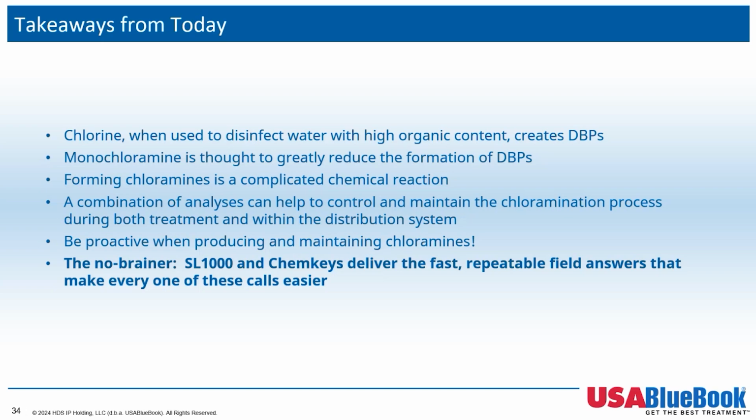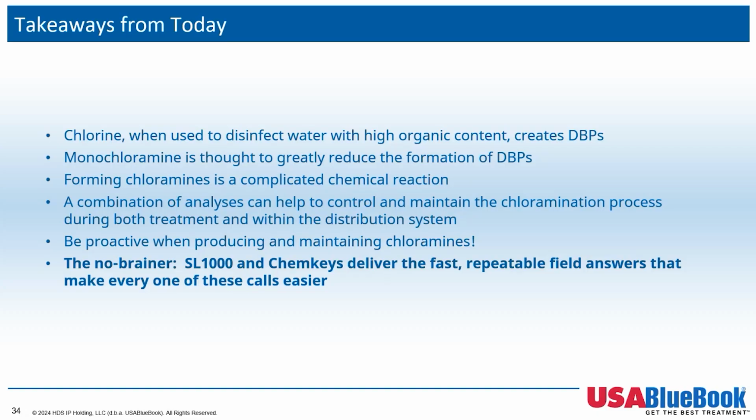You can't control that reaction with one measurement. It takes a combination, both in the plant and out in the distribution system. And be proactive. Everything we looked at today moves early. The whole premise is deciding whether you want to find out from your data or from a phone call.